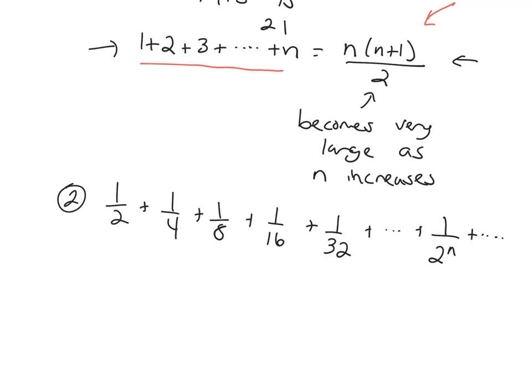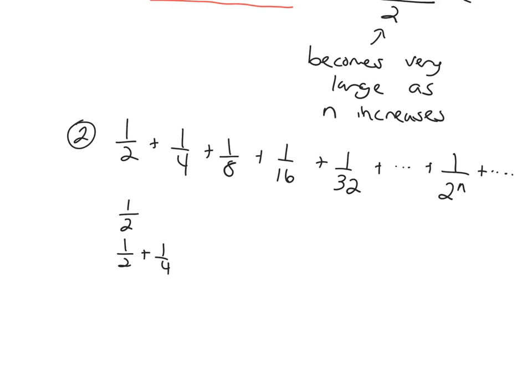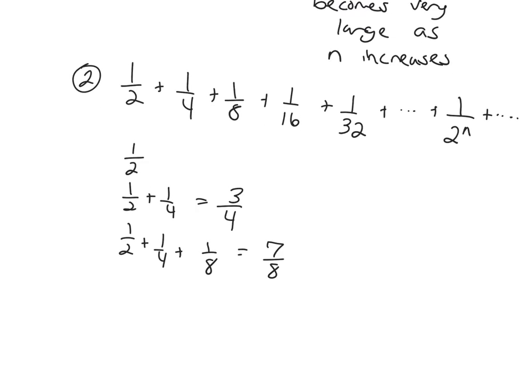Let's just start by adding the numbers together. So my first one, I get 1/2. 1/2 plus 1/4. What's that equal to? 3/4. 1/2 plus 1/4 plus 1/8, 7/8. Great. Okay, this one's a little bit harder for us to add. But we're going to keep going.